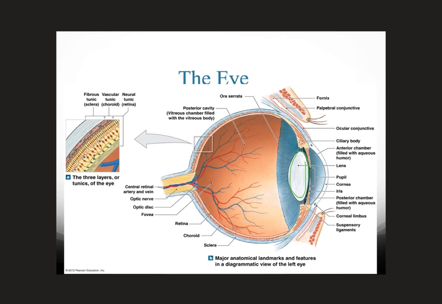So how is the light going to pass through? Basically, it's going to pass initially through the cornea, then through your anterior chamber, passes through the pupil, through the lens, then it goes all the way to the back of the retina.